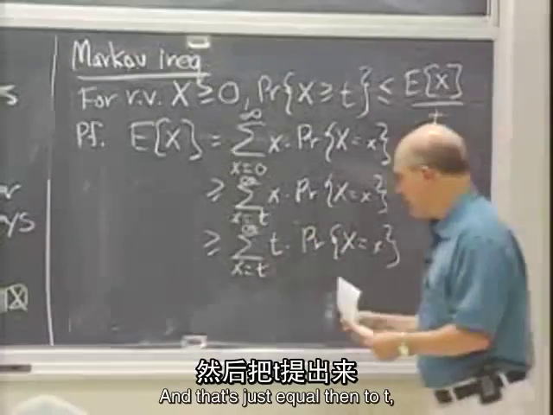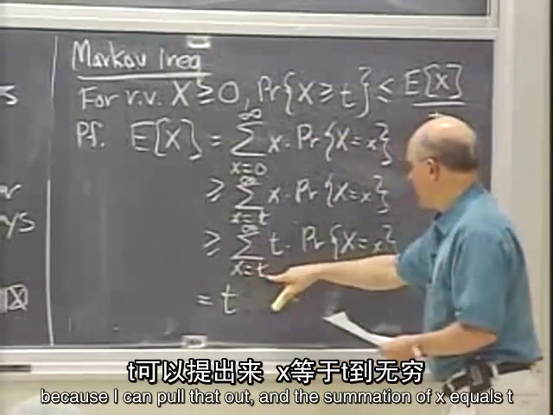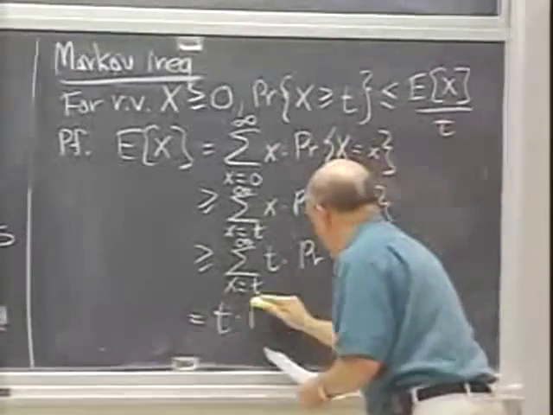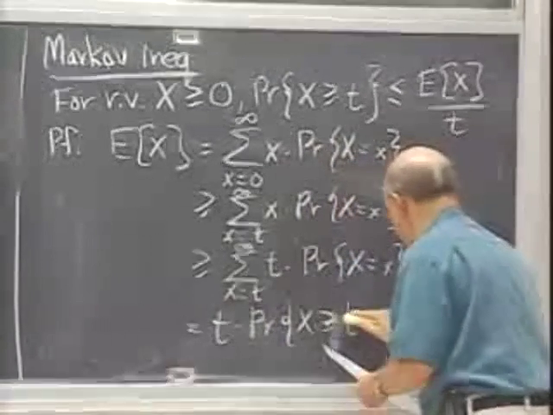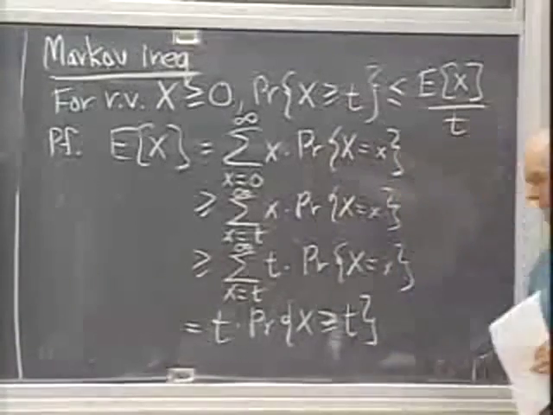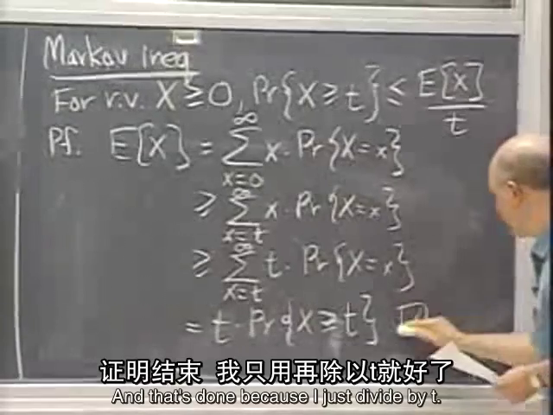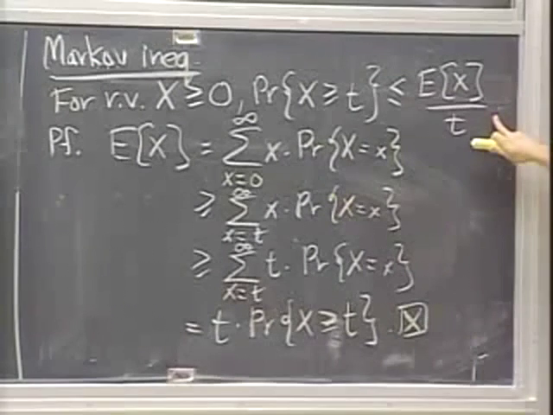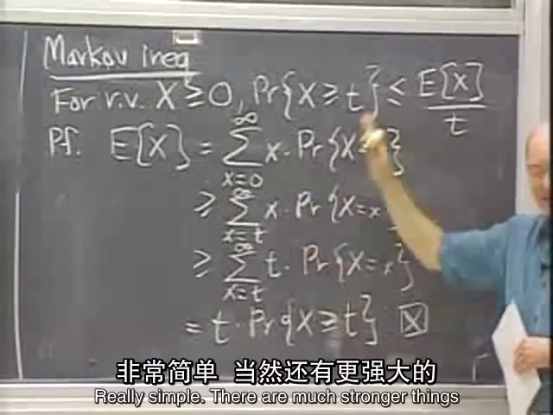And that's equal to t, because I can pull that out, and the summation from x equals t to infinity of the probability that X equals x is just the probability that X is greater than or equal to t. And that's done, because I just divide by t. So that's Markov's inequality. Really dumb, really simple.